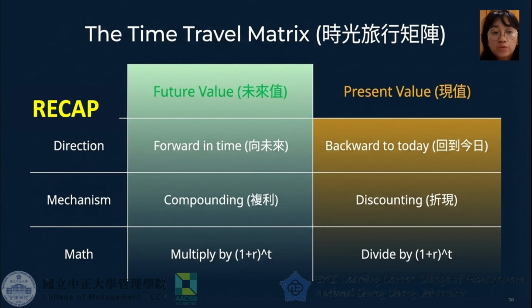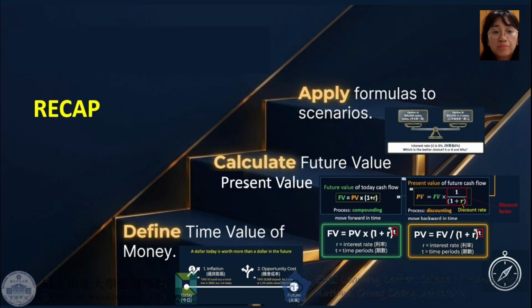Present value equals future value discounted back by the discount rate. Looking back at our goal, I hope that you can now define the time value of money, calculate future values and present values, and finally apply them to make smart investment decisions.